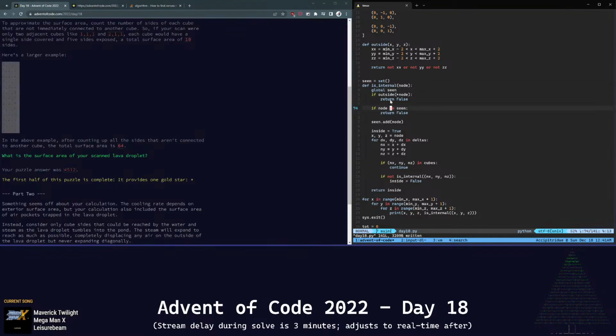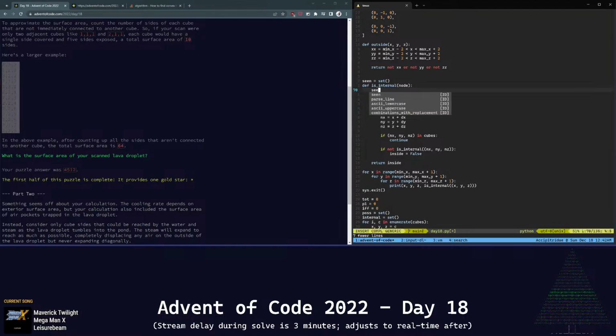This isn't that big. So if we go off infinitely expanding, we're out of the picture. Let's just do a BFS.